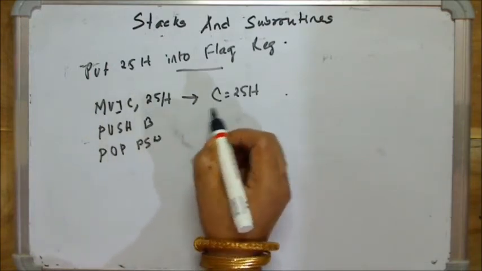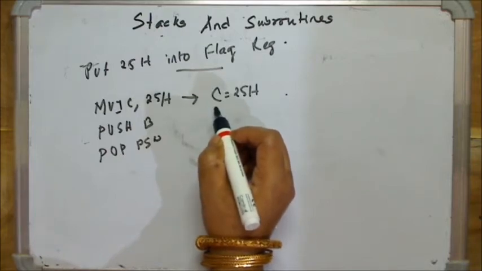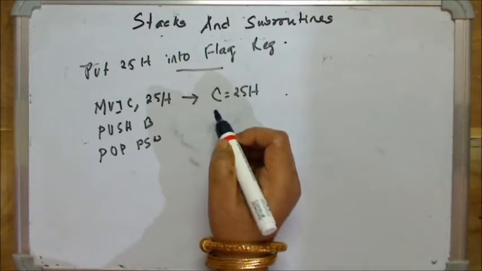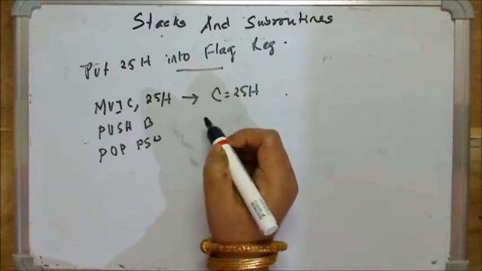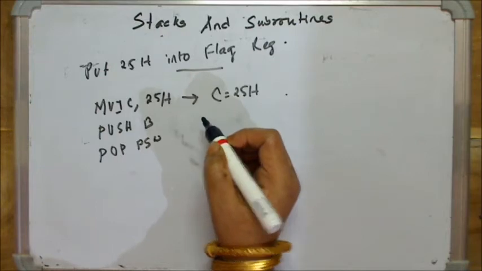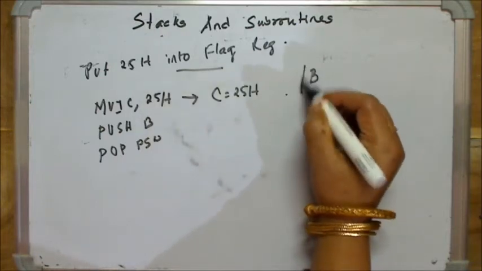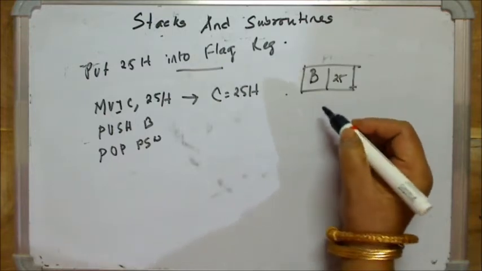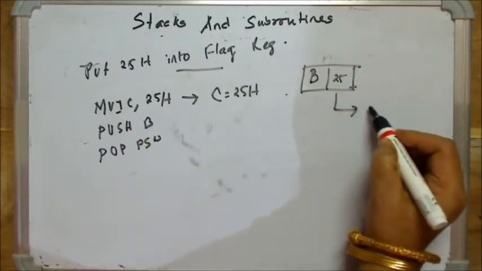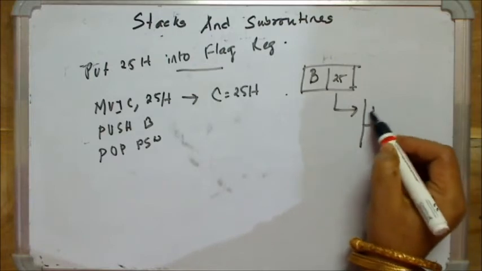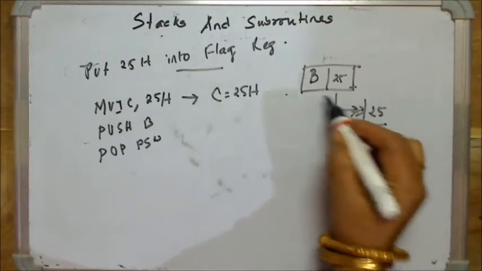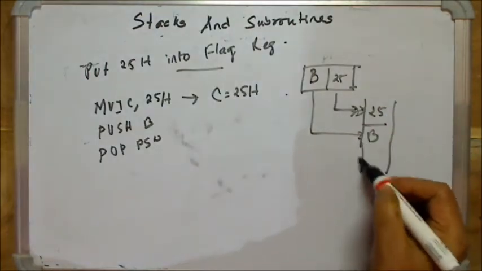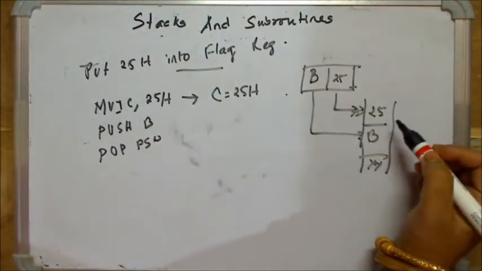C becomes 25. What if I write push B? What will happen? 25H will come into the stack. This is B, and this is your 25. If I write push B, this 25 will come into the stack. This is your stack.